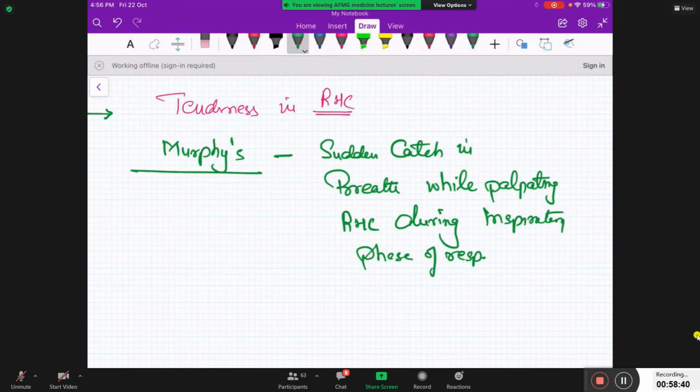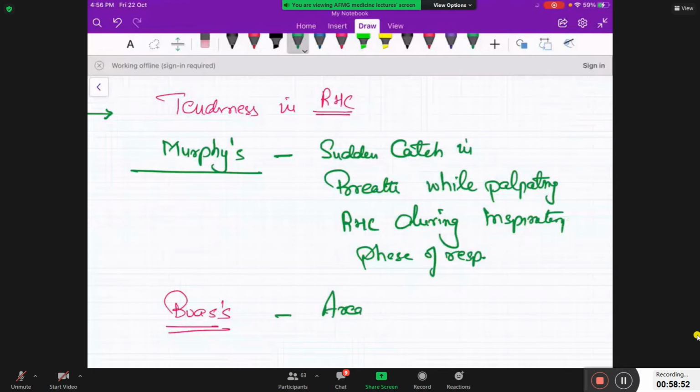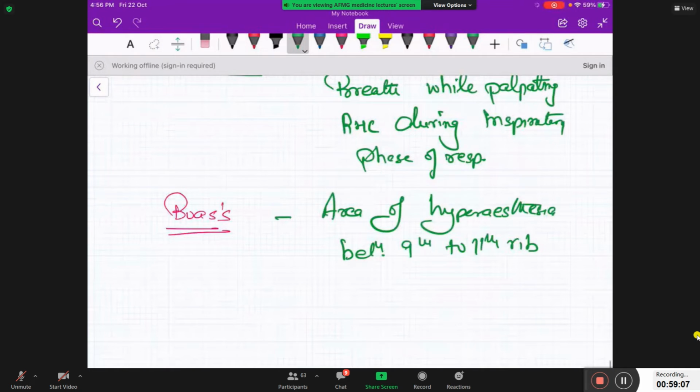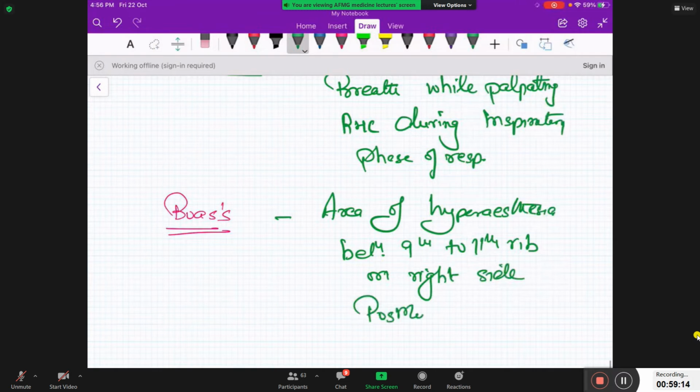And there is another sign which can also be there called Boas's sign. What is Boas's sign? Boas's sign is area of hyperesthesia between 9th to 11th rib on the right side posteriorly.